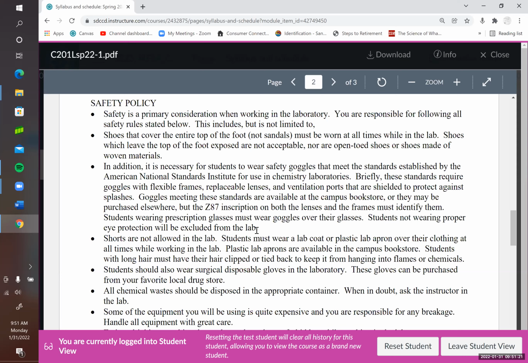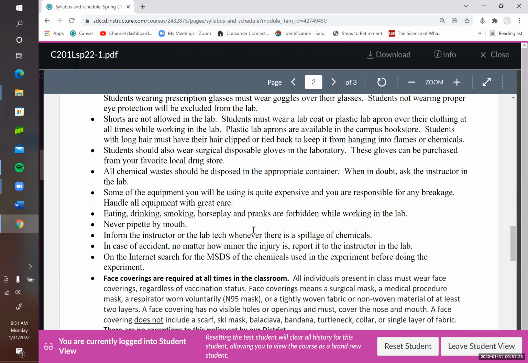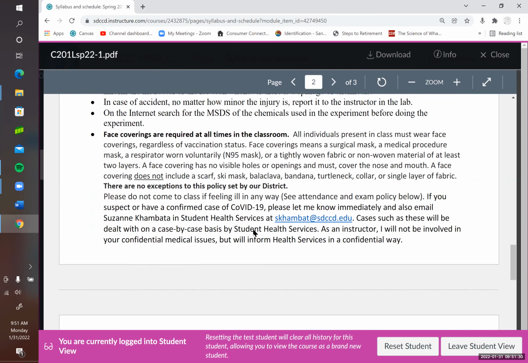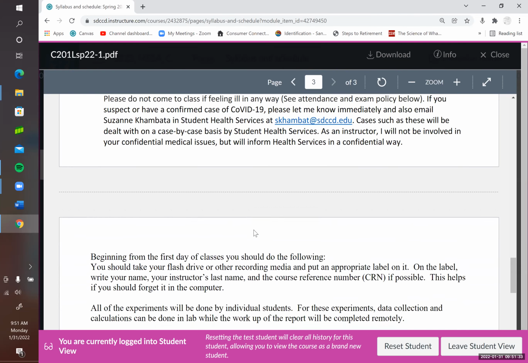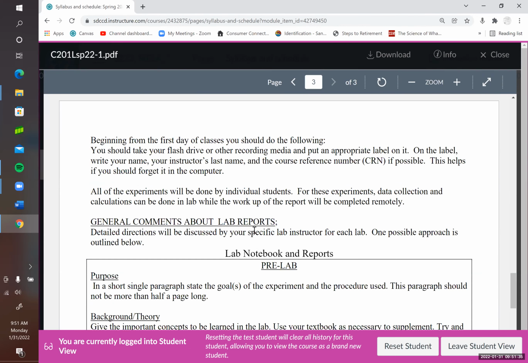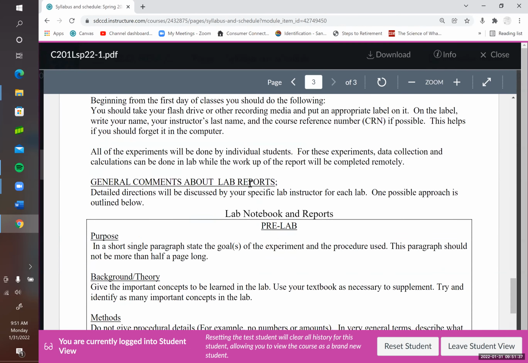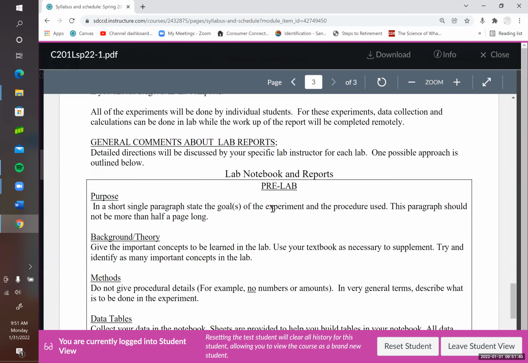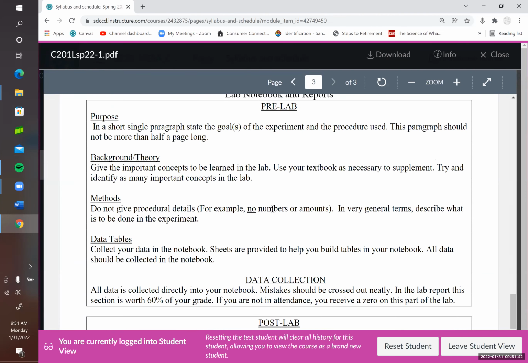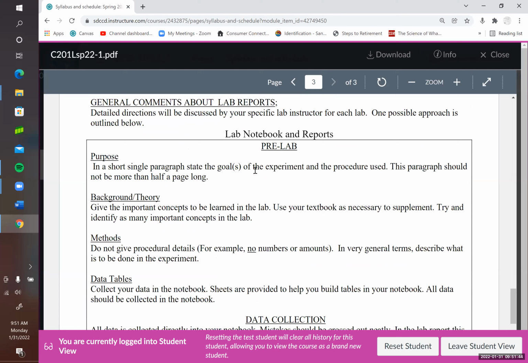But there are a lot of things that you should be aware of as far as safety concerns of a general nature, so you should read through that part as well. And then at the end of the syllabus, there's a few comments about lab reports. Now, you're probably pretty familiar from Chem 200 and previous chemistry labs how to write a pre-lab.